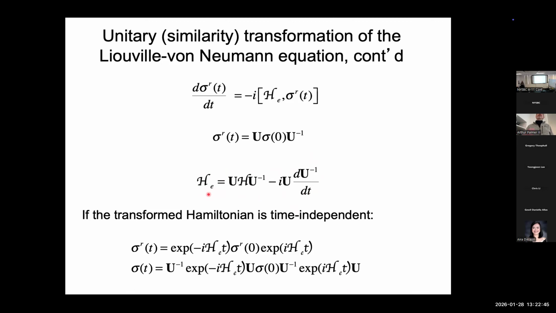But that would only be true for a specific U, depending on what the Hamiltonian looks like. There's going to be perhaps only one U that will do the trick, or maybe there won't even be one. But certainly, if I choose U unwisely, this equation is still going to be true, but H won't be independent of time. And if it's not independent of time, I don't have this simple solution. I then have to do something else.